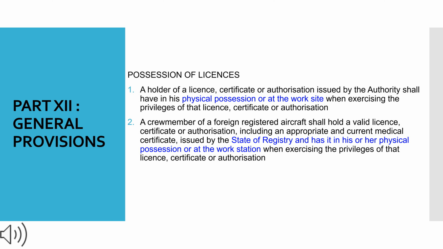A crew member of a foreign registered aircraft shall hold a valid license, certificate, or authorization, including an appropriate and current medical certificate issued by the state of registry, and have it in his or her physical possession at the workstation when exercising the privileges of that license, certificate, or authorization.